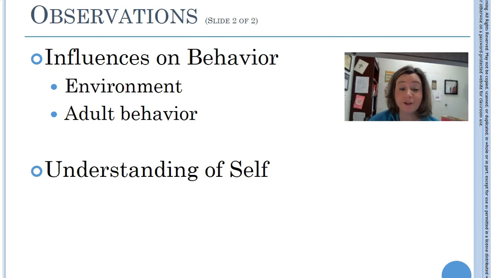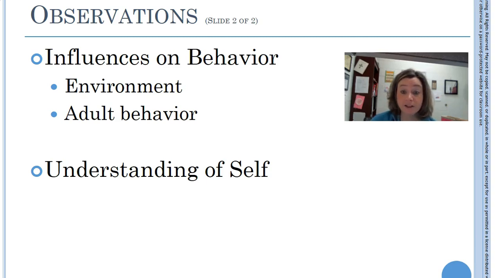Remember that during our observations, we are going to see that the environment and the adults can have an impact on the children's behavior. And we've talked about this before. So if you don't have your classroom set up so that children can easily navigate from one place to another, you actually have created the behavior problem that is probably going to occur as children get upset because they've gone through someone's block structure, or they interrupted somebody's painting, or they had to walk through the books while the children were trying to read.